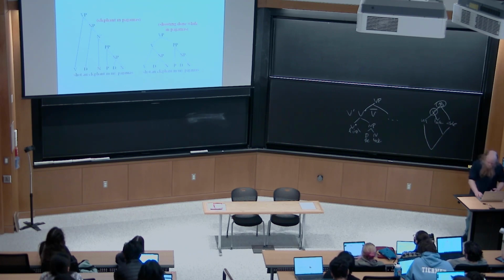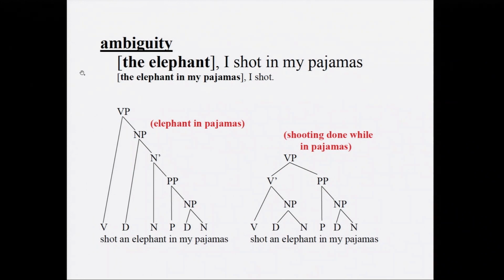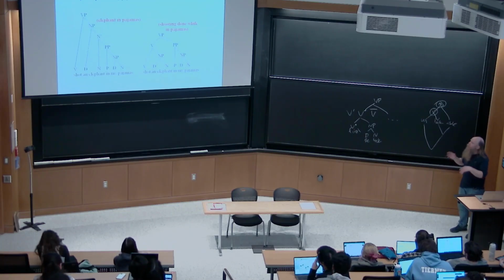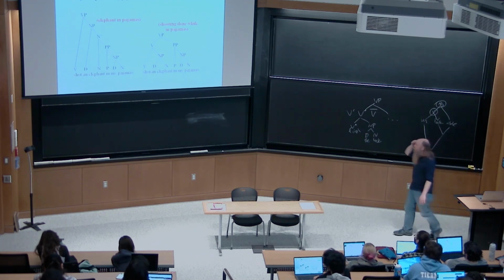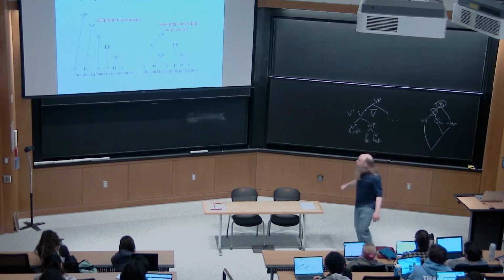One of the tests that we were fooling around with was what I called topicalization. It's possible to emphasize something by moving it to the beginning of the sentence. So you can say things like, the elephant I shot in my pajamas, or the elephant in my pajamas I shot. Now, let's consider the tree on the left.